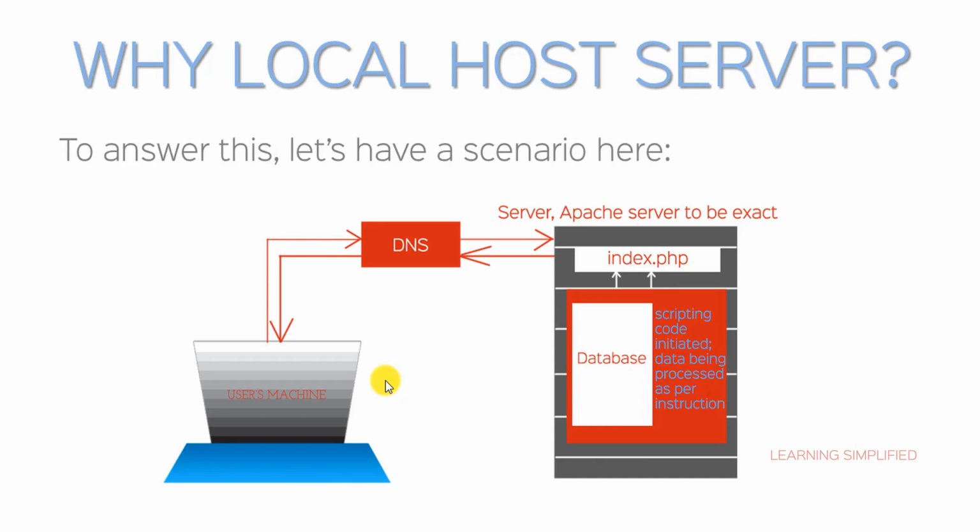And whenever you request your own aggregate numbers, those numbers are summed up inside this particular server, and after the number is summed up, this index.php along with that summed up number is sent back to the DNS, and via this DNS it reaches the user machine, and only then will the user be able to access that number. This means that every sort of operation is served inside this server, and only the result is sent back to the user machine for final display.